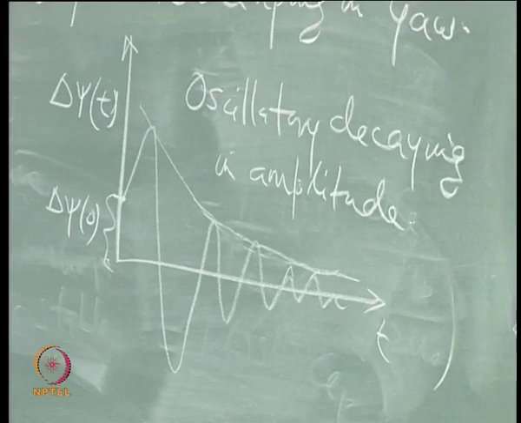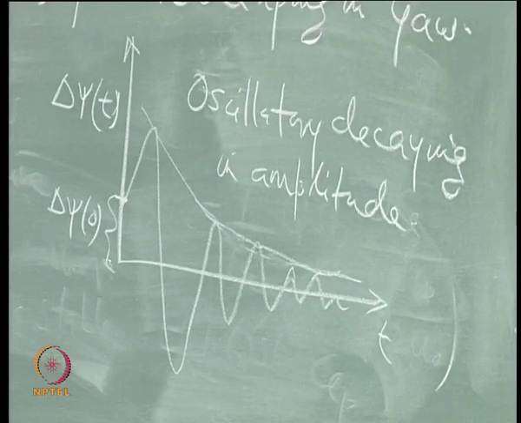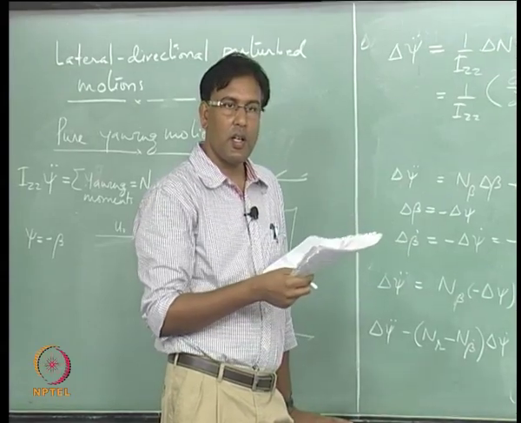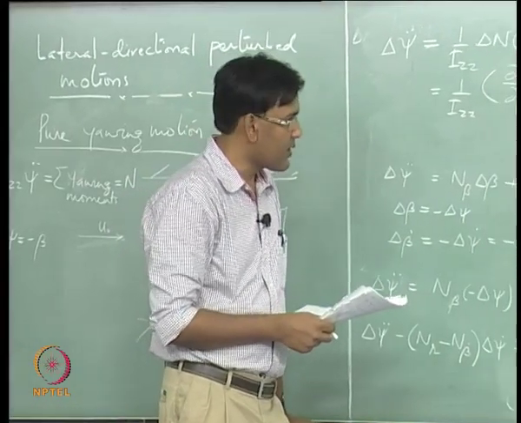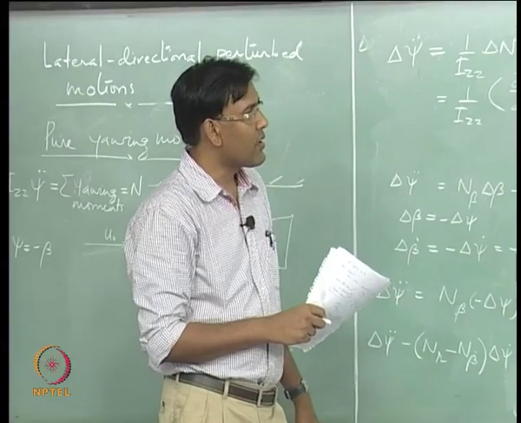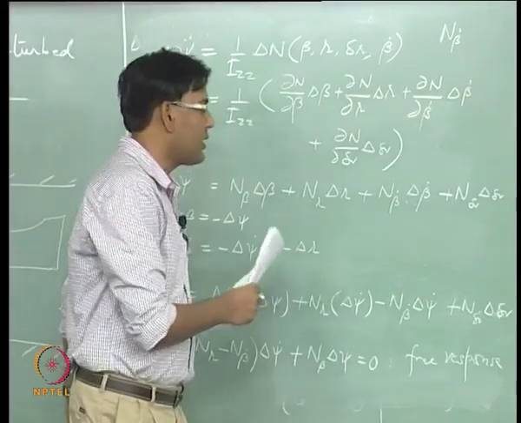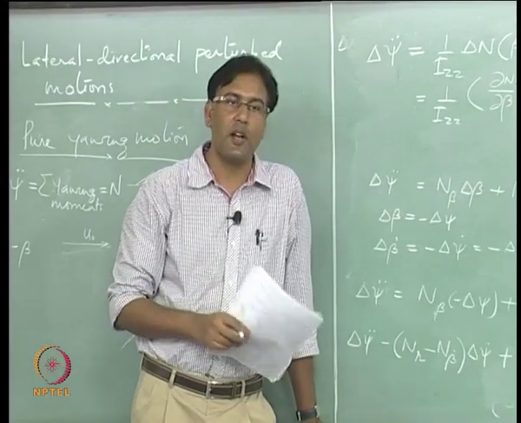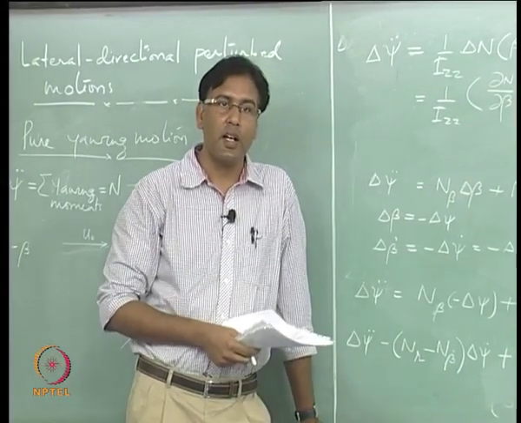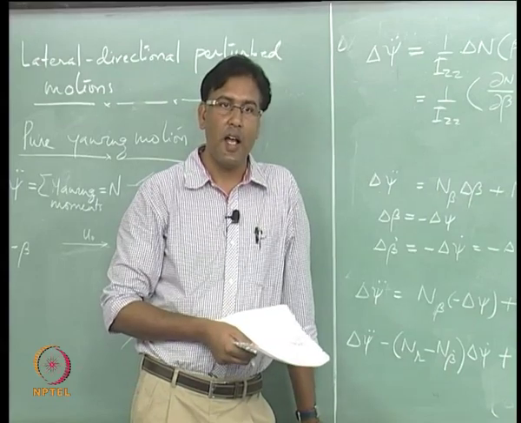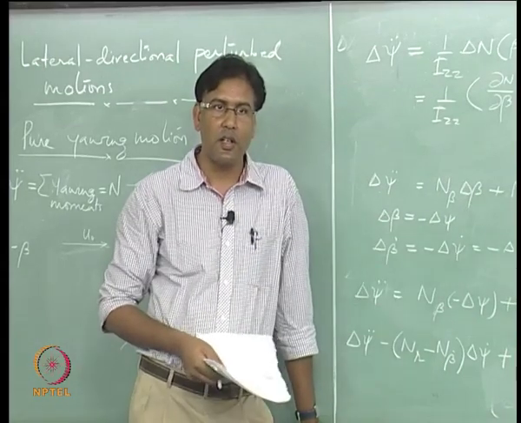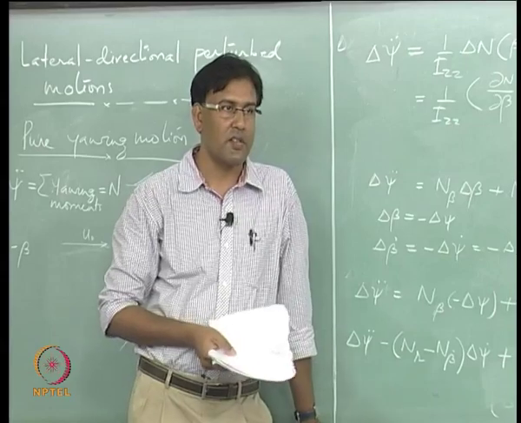So two of the eigenvalues we have found, or three eigenvalues corresponding to two modes, now approximately. One is the pure motion in yaw, the other one is pure motion in roll. Now what we can do is look at the actual equations of motion, try to solve the quartic equation in lambda, find out the eigenvalues from there and see how close these values are to the actual values.